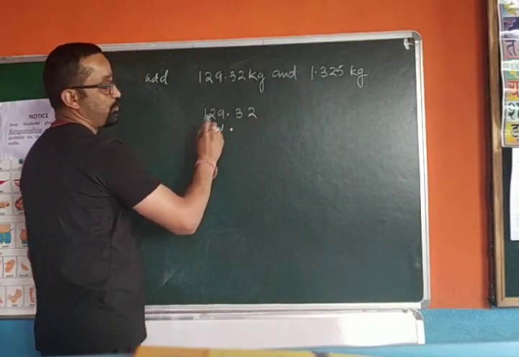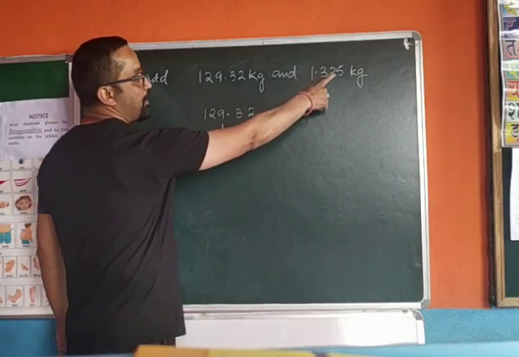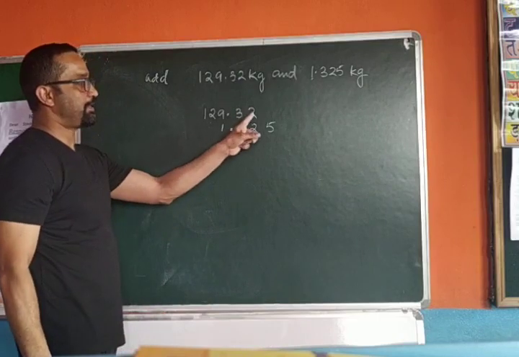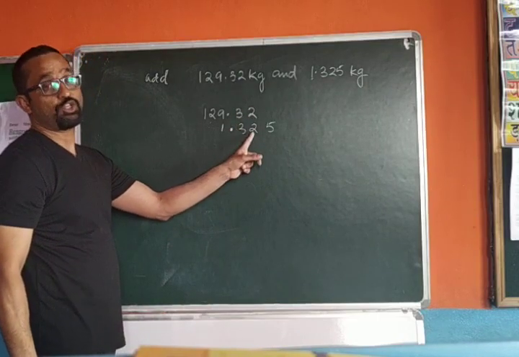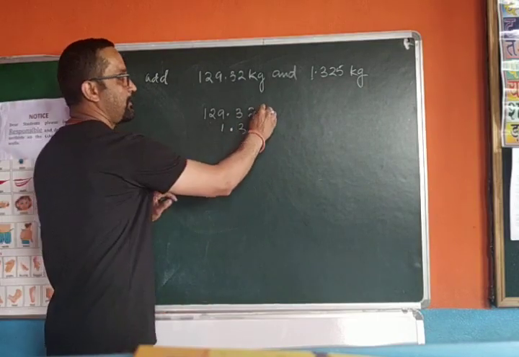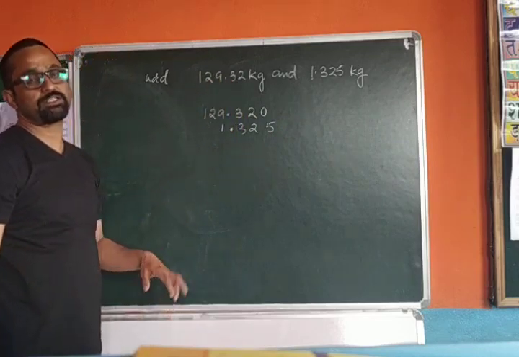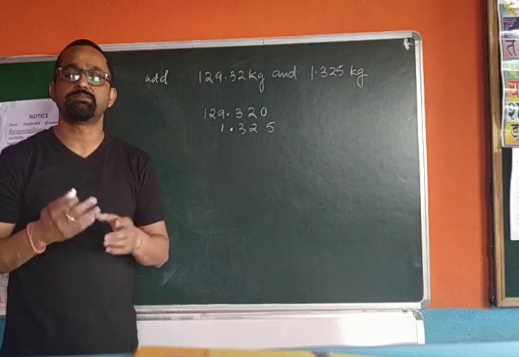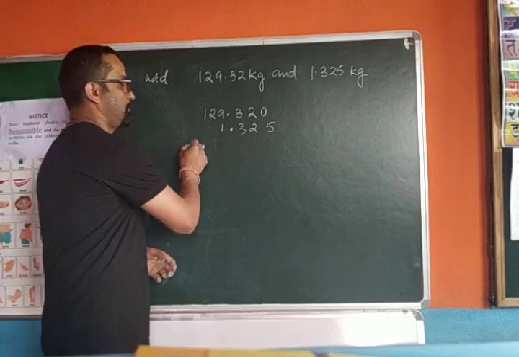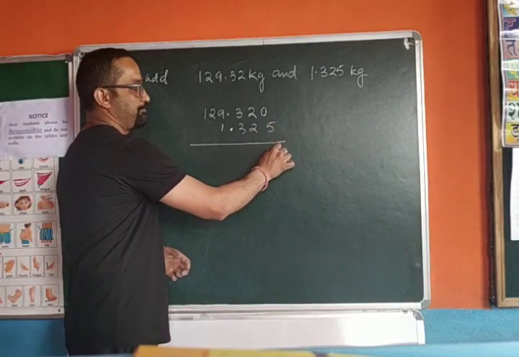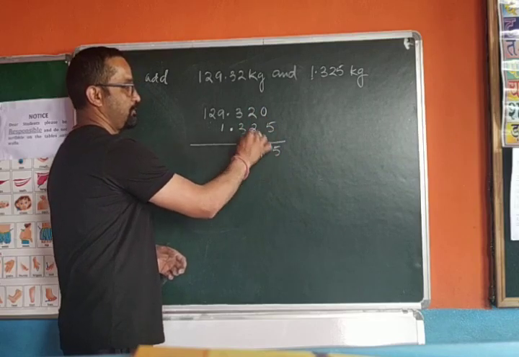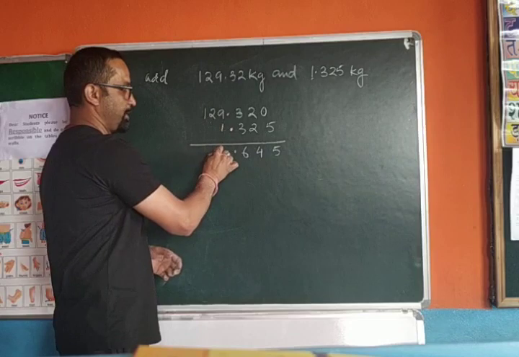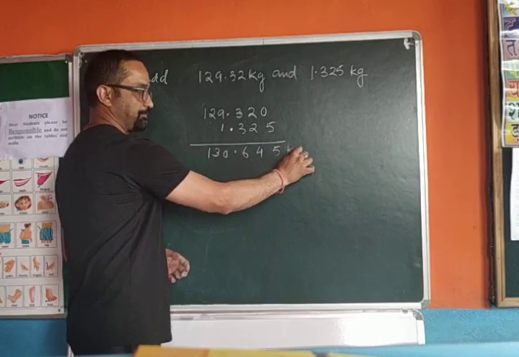You have 1, so write 1. The number after the decimal: 3 to 5. 2 places decimal, 3 places decimal. Make it 3 places decimal by putting 0. That is called like decimal fractions. Then add it up to get the answer in kg.